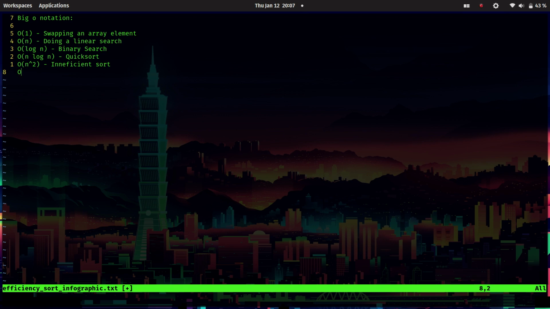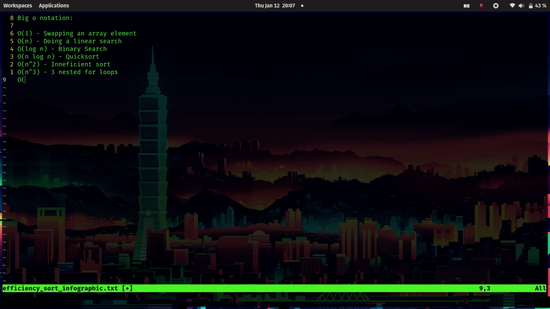Then the next one is O(n cubed), which is basically the same as O(n squared), but it takes another factor of n. It could be like if you were to have 3 nested for loops, where it's going through the same list elements 3 times over.